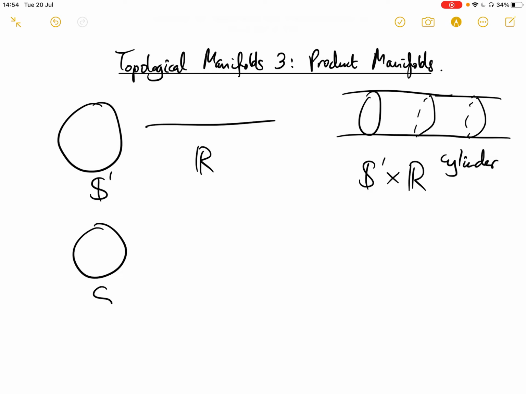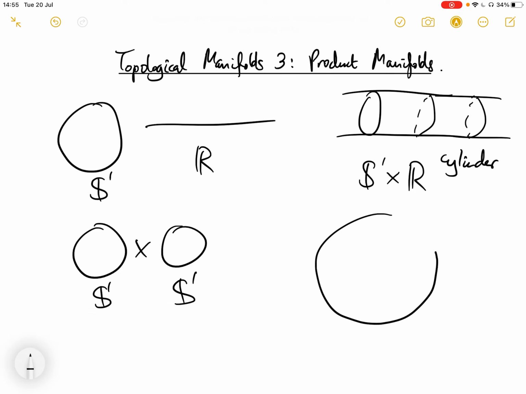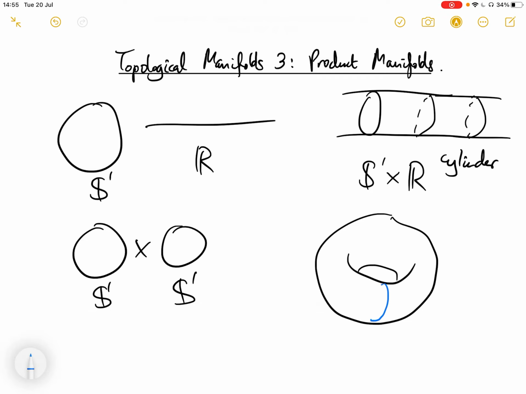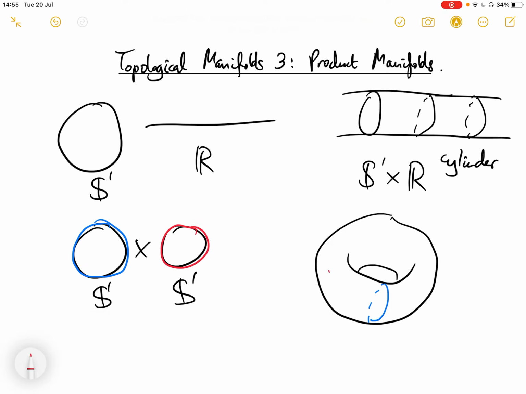A different example of a product: if we take the product of two circles, then this forms a torus. We can see that we've got one circle, maybe this circle is the blue one, and this circle is red, and we can see this circle going around the hole like this.